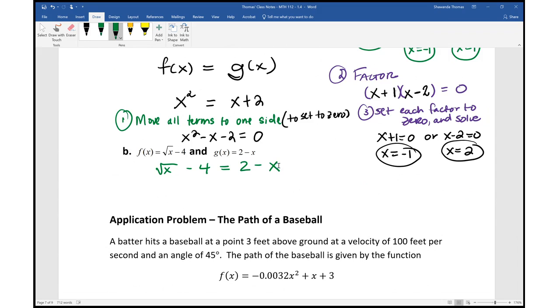Here we have a radical equation. And if you recall from Math 100, there are certain steps that you have to take in order to solve a radical equation. First step is to isolate the radical.